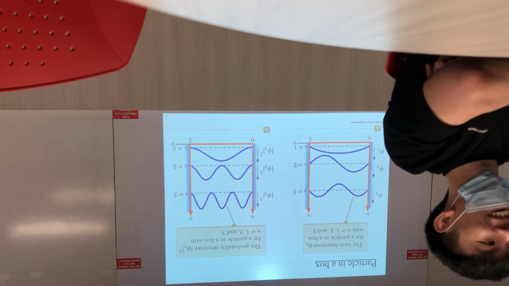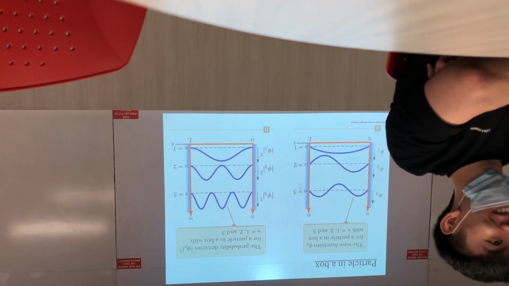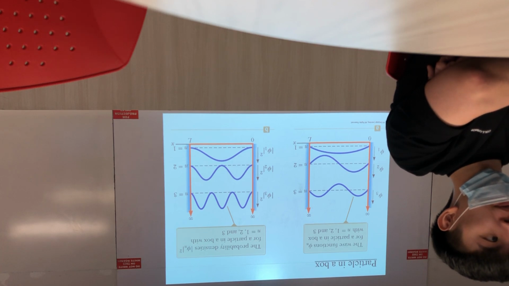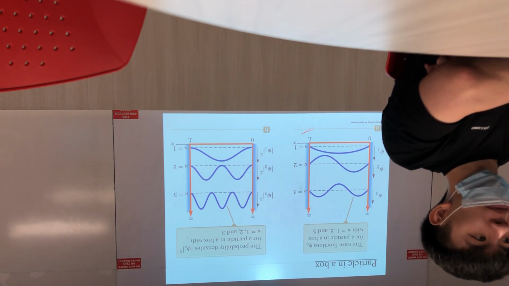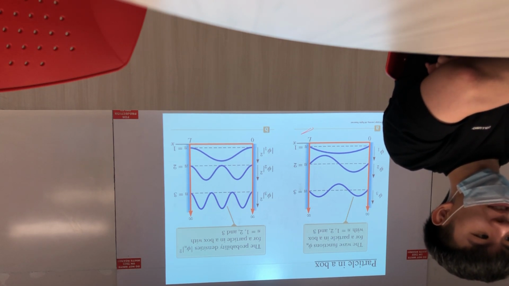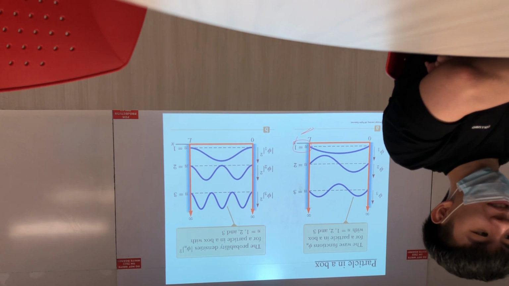Here we assume that an electron or the particle is trapped in this potential well, and the electron cannot just stay anywhere as it reaches. It must follow these discrete energy levels. When the particle is in the lowest level, its wave function is described as this.